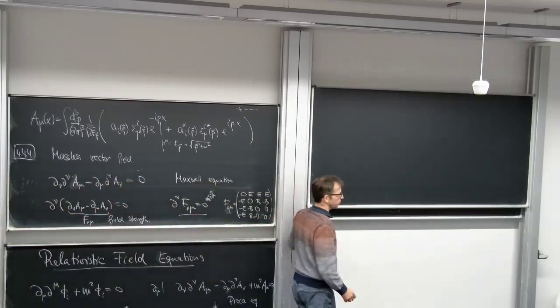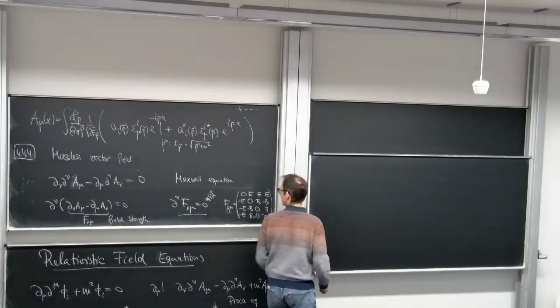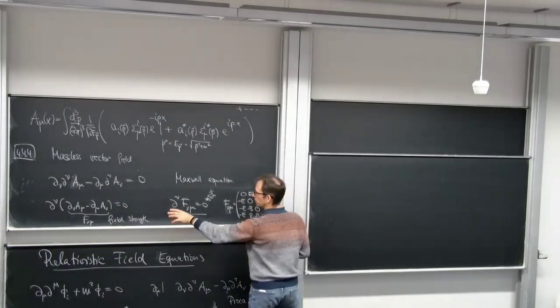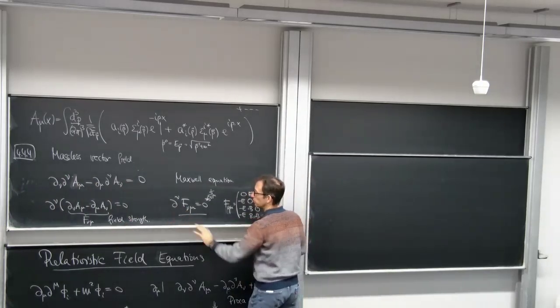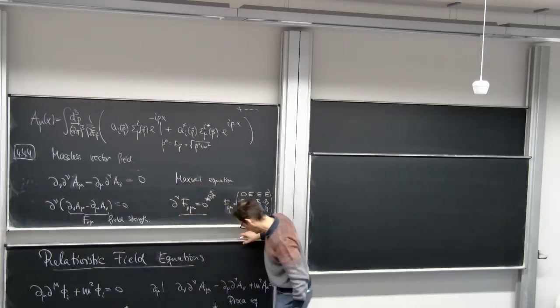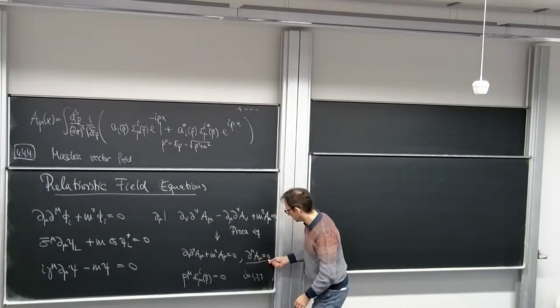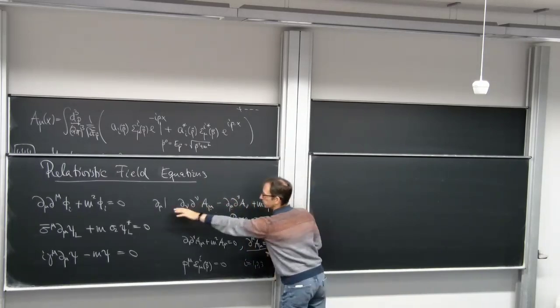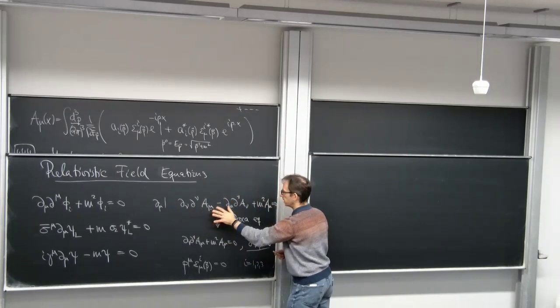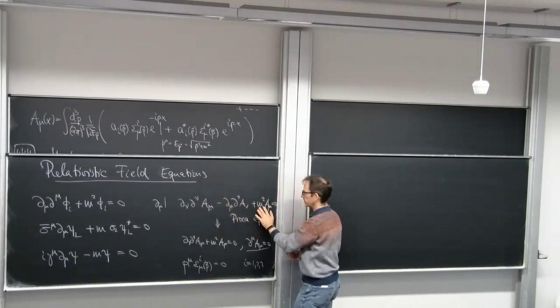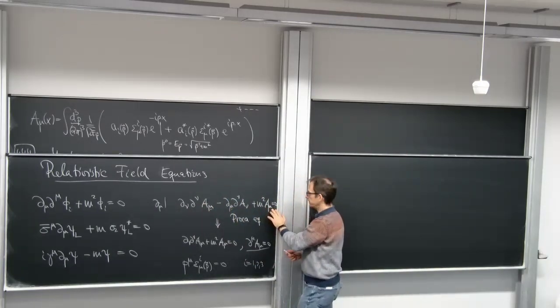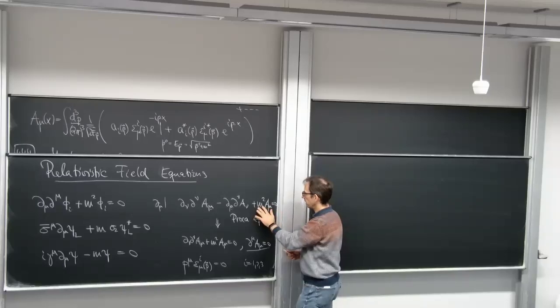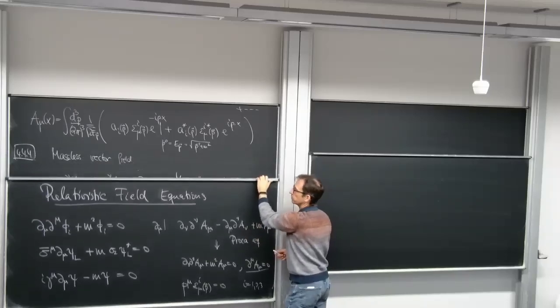Now, story goes. First observation is the divergence of A is no longer a consequence of this equation. Where is it? Here. This was the consequence, because if I hit this equation with a derivative, all of this goes away, and it still does, but then we're left with m squared times the divergence of A. If the m is not there, it's identically 0.